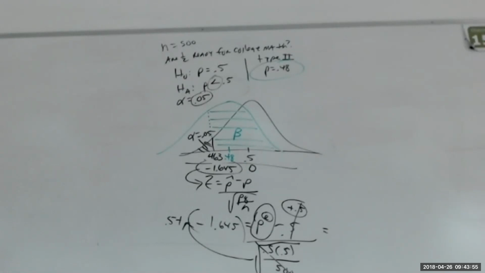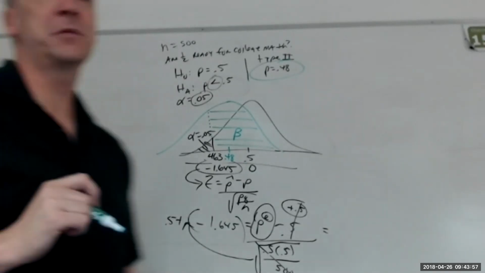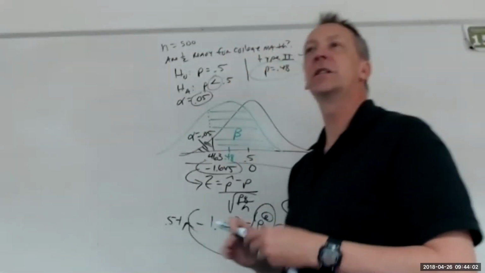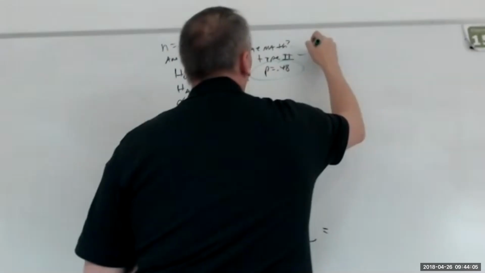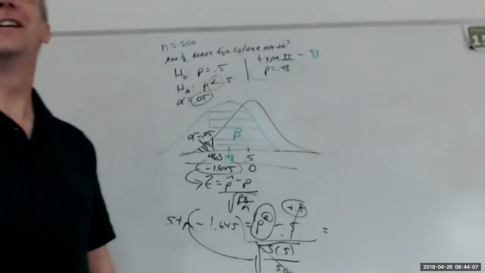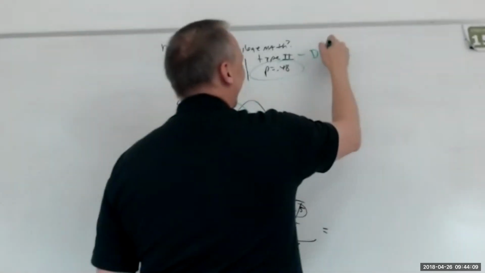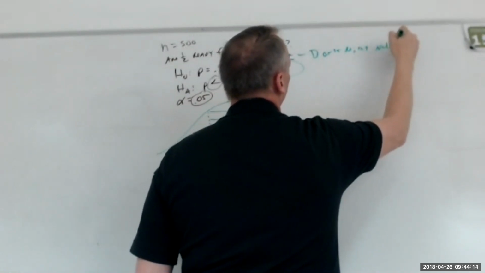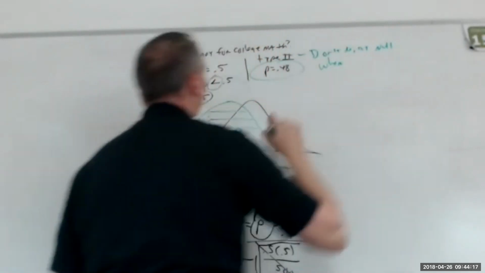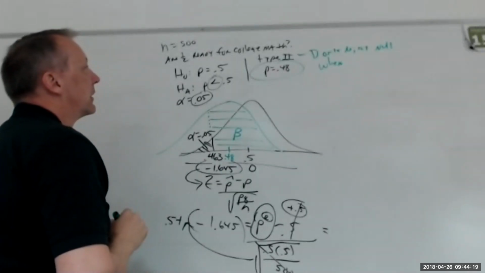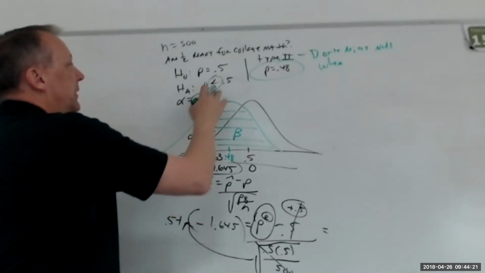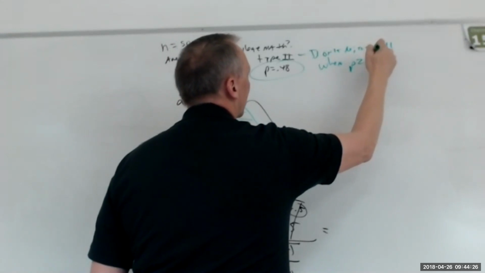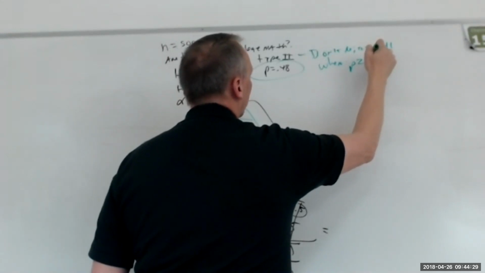Okay? So let's just remind ourselves, what is a type 2 error? The definition is: you don't reject the null when, in this case, we said it was less than, when P was greater than or equal to 0.48.